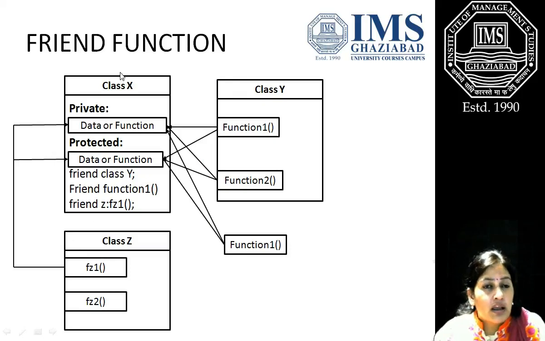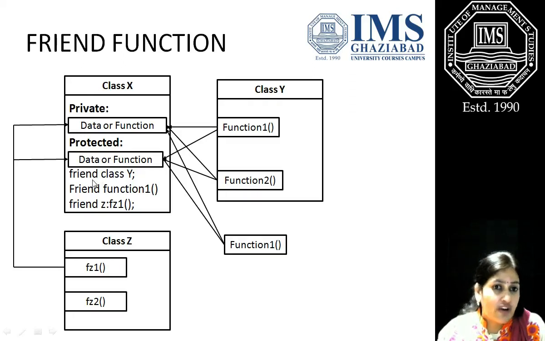Now, here we are demonstrating how the friend function can access the data of different classes. Class X has private data or functions. It contains protected data or functions. It has three friend functions. It contains a class Y as a friend.